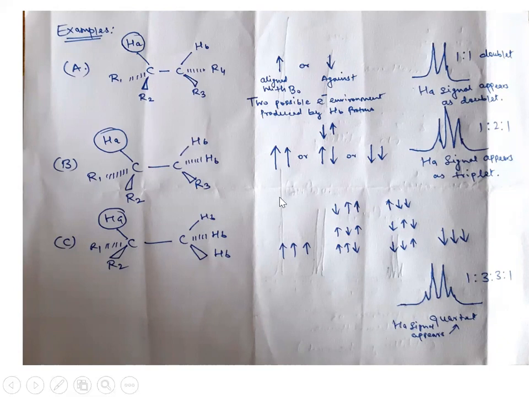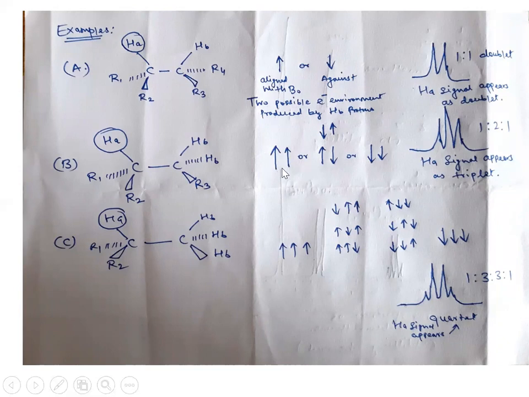Here the electronic environment produces these types of orientations. These are two same type of protons. So we have to denote the possible orientations in this way.